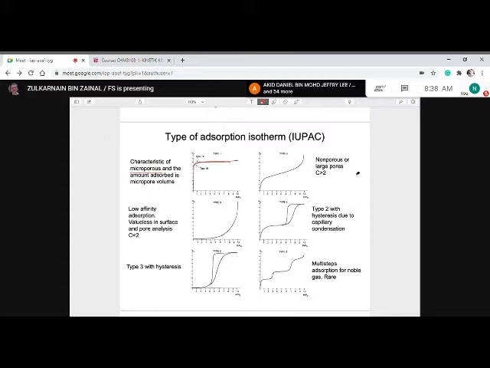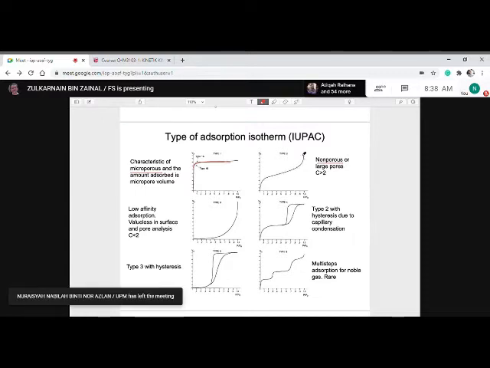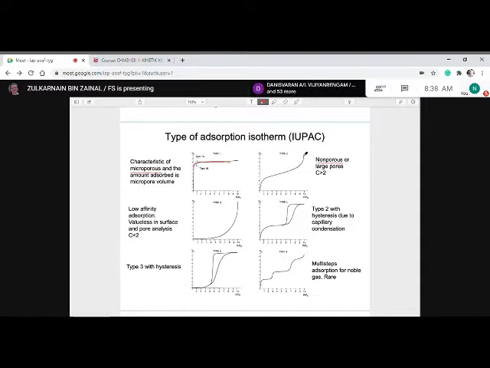So for non-porous materials, this is non-porous material. You can see this is the same as we have seen in the example before this, right? So the adsorption occurs, and then the adsorption can further occur on the surface until the saturation situation, or until it forms condensation, right?